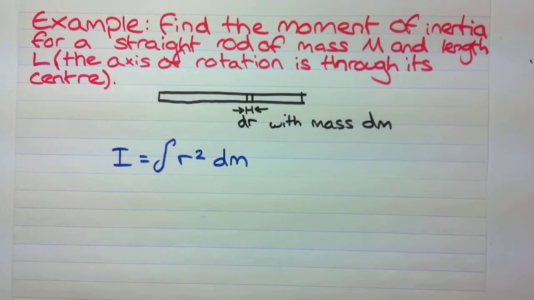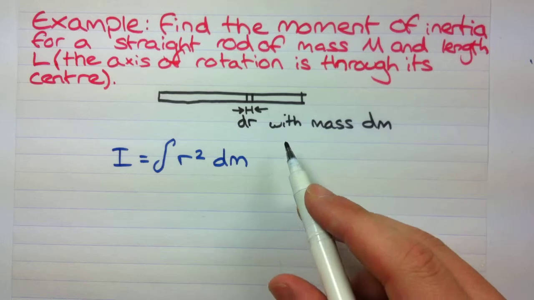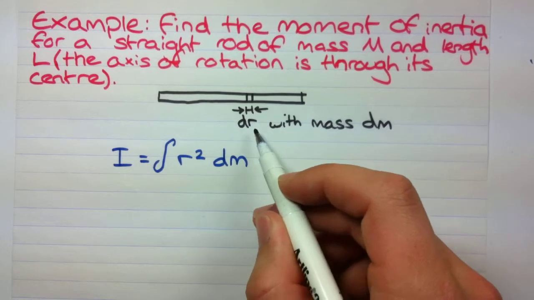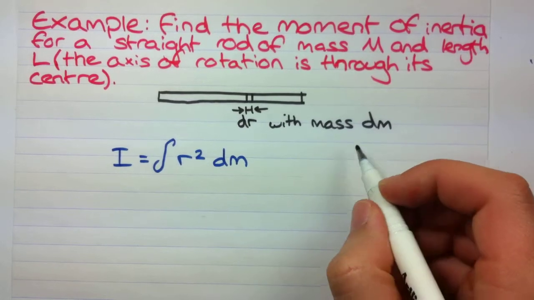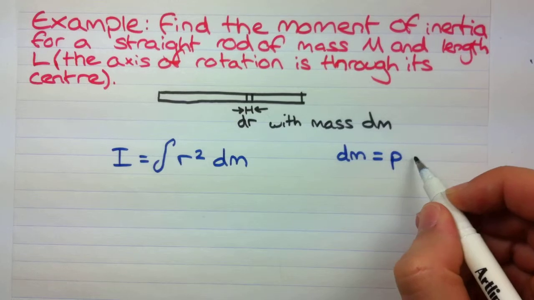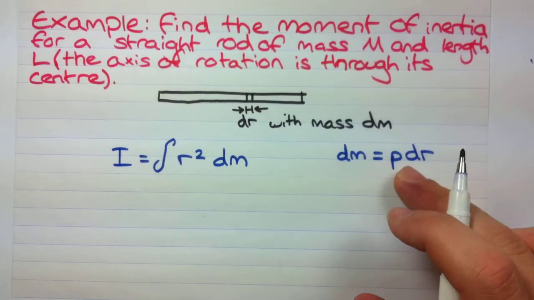The mass of this small point dr we can find from the density of the rod times the length dr. So the mass dm is equal to the density of the rod times the length of dr, that infinitesimally small point.